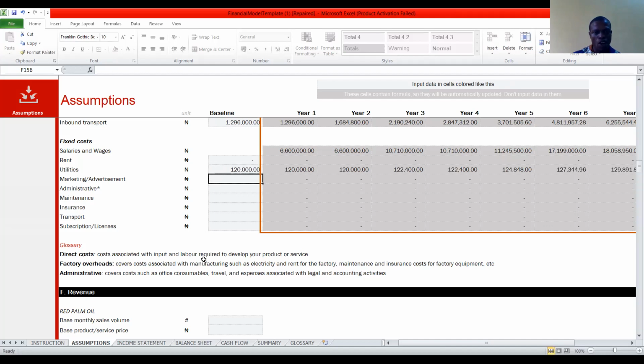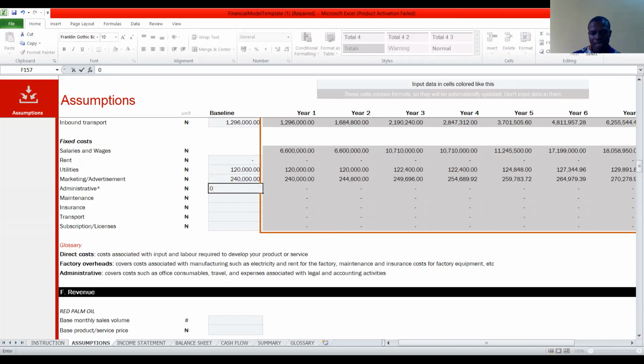Don't forget, this is an annual projection. Then the next is administrative. Do we have administrative expenses here? Let's see. Okay, no admin expense, so 0.